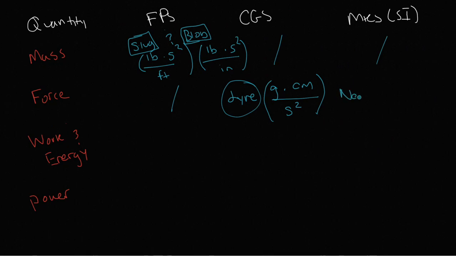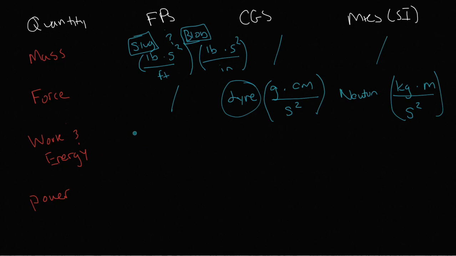Newton is kilogram times meter all over second squared. Newton is a derived unit, and so is dyne, but instead of using kilogram, it uses gram, and instead of using meter, it uses centimeters.